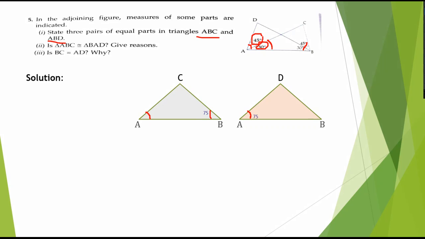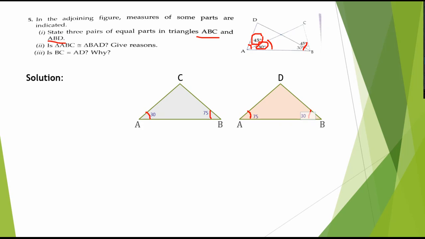So this angle is 30 degrees. Now how much is angle DBA? Let us find from the given figure. So DBA is this. So this is how much? This is again 30 degrees.